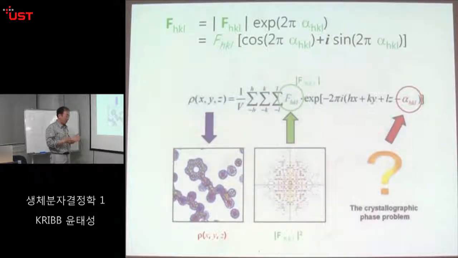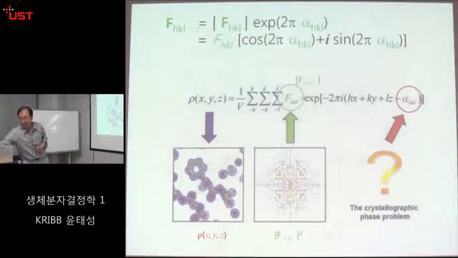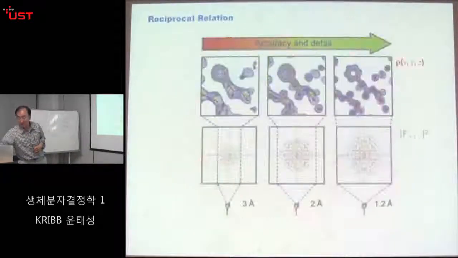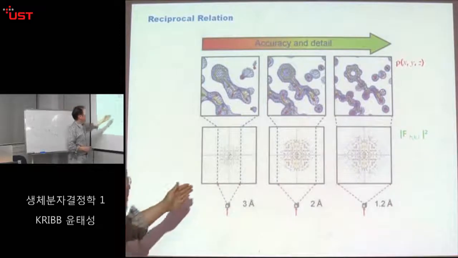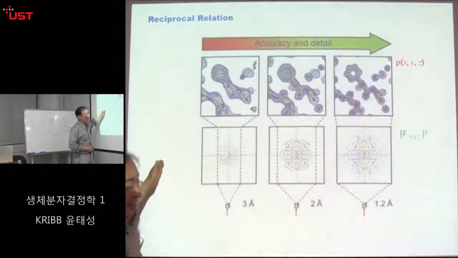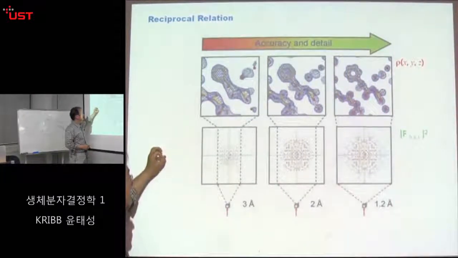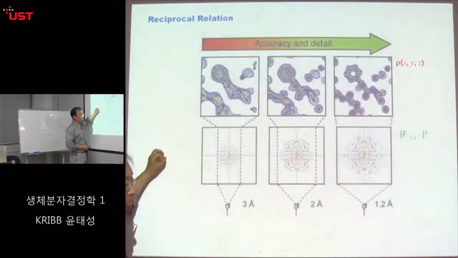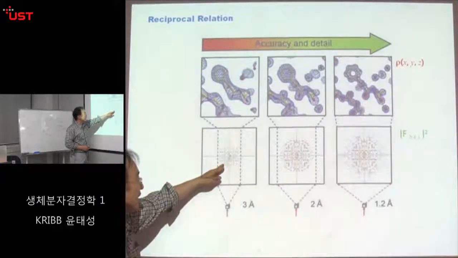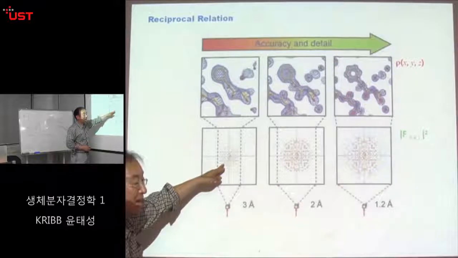Although by our observation it looks like a crystal, it may not be a crystal, or it is a crystal of very poor quality. As we talked about resolution, down there we have a very rough image, even without this kind of spot-like pattern.